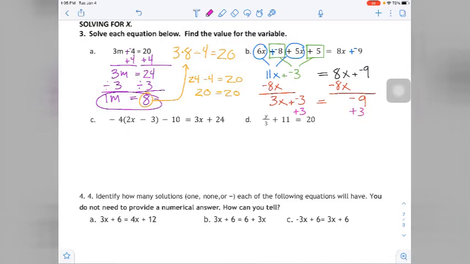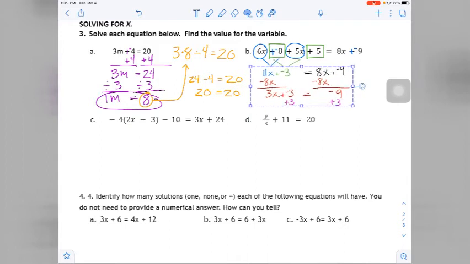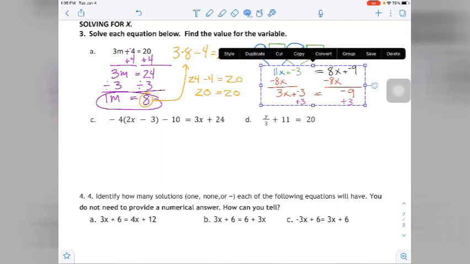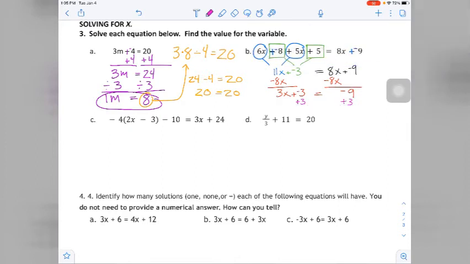And you can see here that I am running out of space, so I'm going to shrink this down just a little bit. See if I can make it so that my lines still line up there. So I add 3, and then I will be left with just 3x. And on the other side, I will be left with negative 6. Negative 9 plus 3 is negative 6.